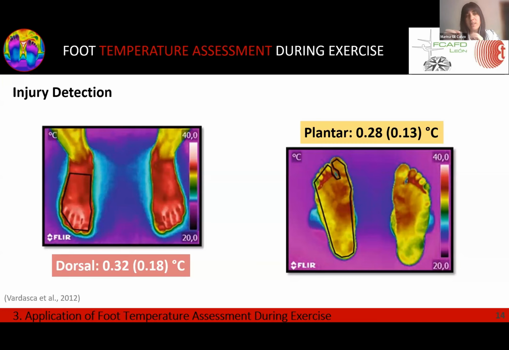These values are slightly lower than those reported in other regions of the body, which are around 0.5. But the authors emphasize the importance of ensuring that only the feet appear in the images, avoiding the inclusion of other body parts, so that the analysis can focus specifically on this region.